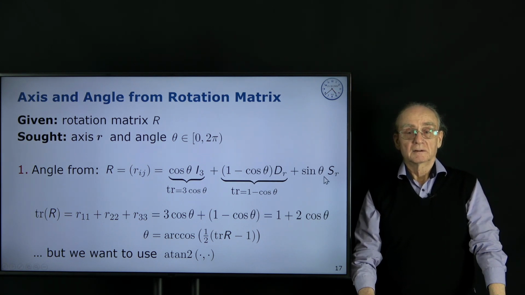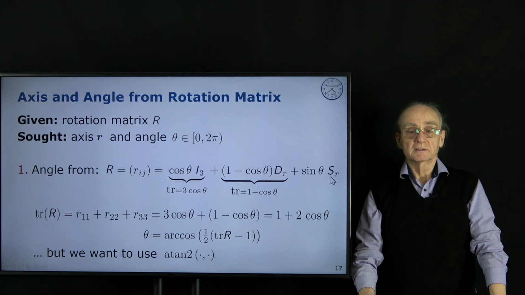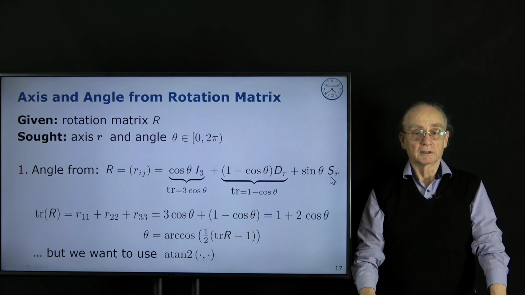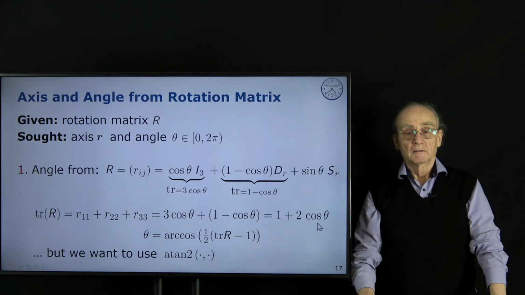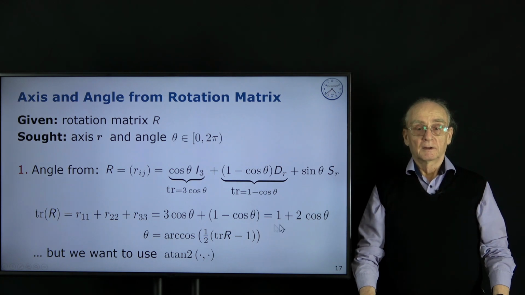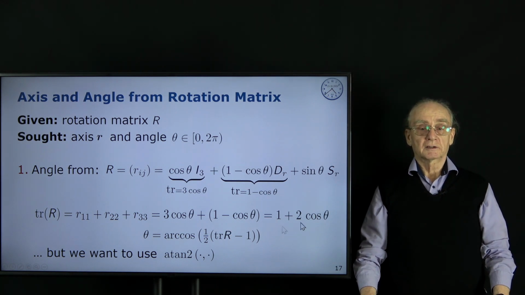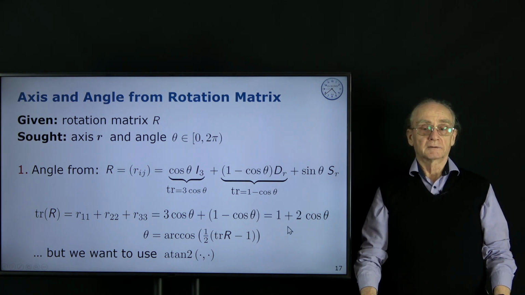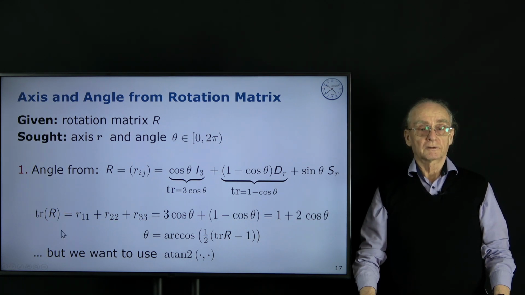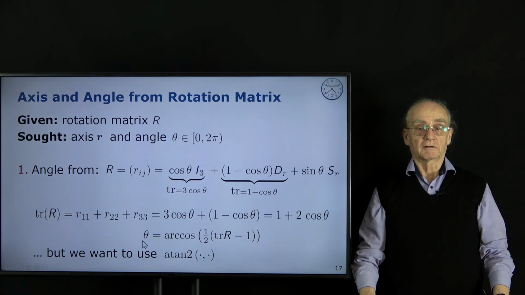And the last trace is 0 because S is skew-symmetric with zeros on the diagonal. So that means the trace of a rotation matrix is related to the angle theta by 1 plus 2 cosine theta, because we have the 3 cosine theta plus 1 minus cosine theta. And this allows us to derive theta. Yeah, we take trace minus 1, divide by 2, and take the arccosine and get the theta.